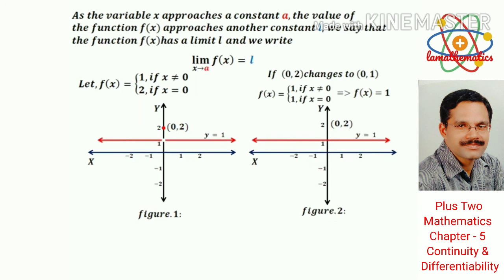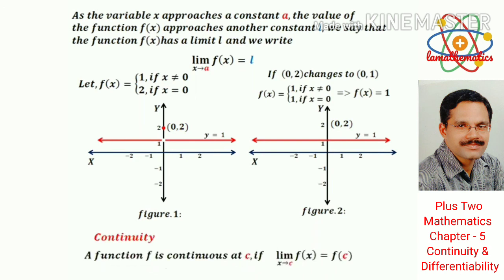Hence, a function is continuous at c if limit x tends to c, f of x equal to f of c. A function f is continuous at c if limit x tends to c, f of x equal to f of c.